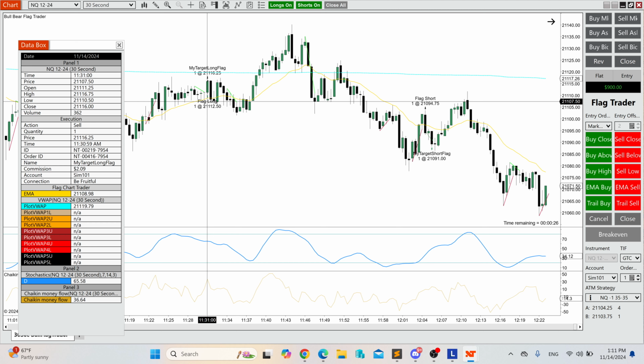The filter basically tells you we go long if the money flow indicator is in positive territory, and we go short if the money flow indicator is in negative territory.